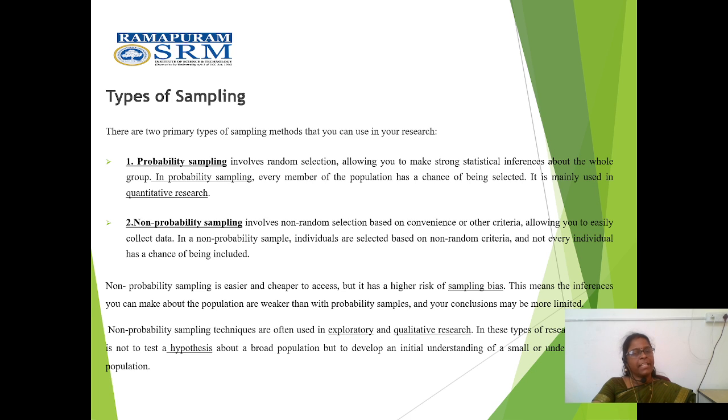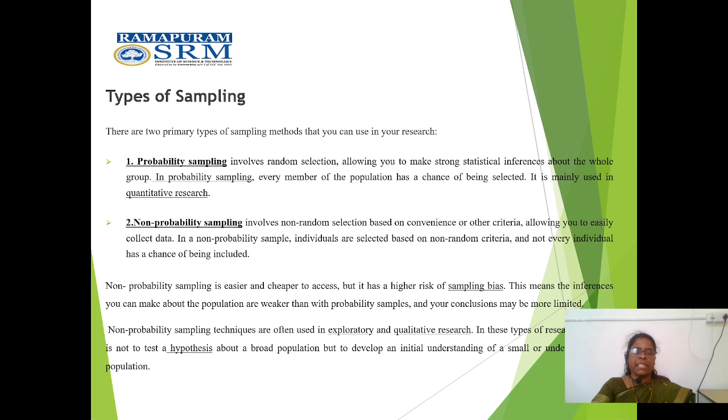Non-probability sampling involves non-random selection based on convenience or other criteria, allowing you to easily collect data. In a non-probability sample, individuals are selected based on non-random criteria, and not every individual has a chance of being included.